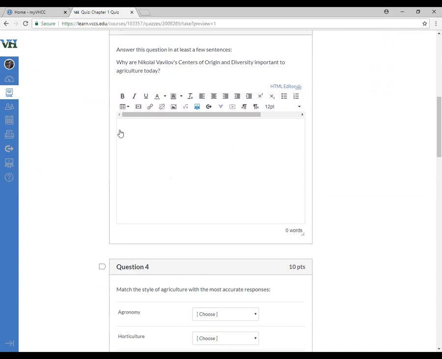In a few sentences, why are Nikolai Vavilov's centers of origin and diversity important to agriculture today? Well, there are quite a few reasons. I could go on all day about this, really. One, it's where the centers of origin of the plants occur, so it's where they still have their wild plant populations today.